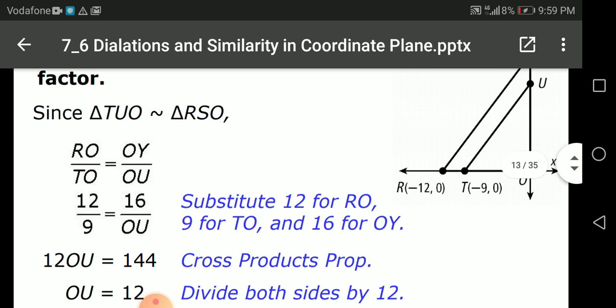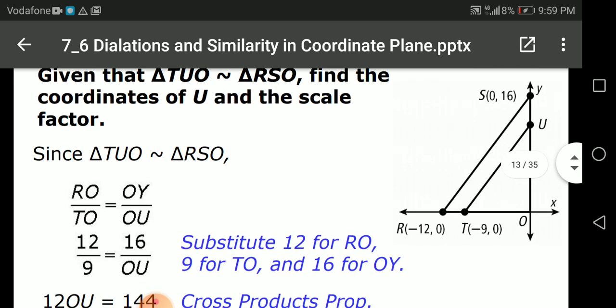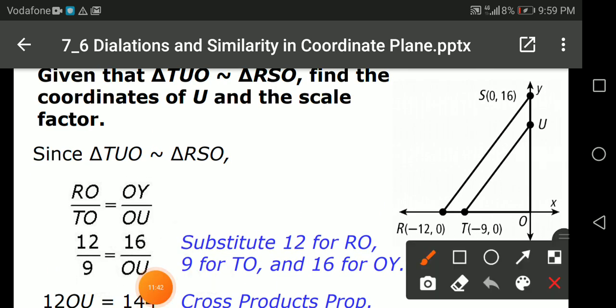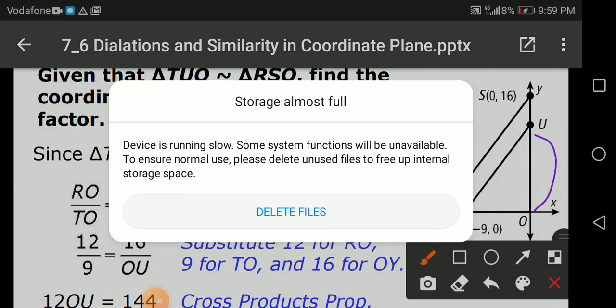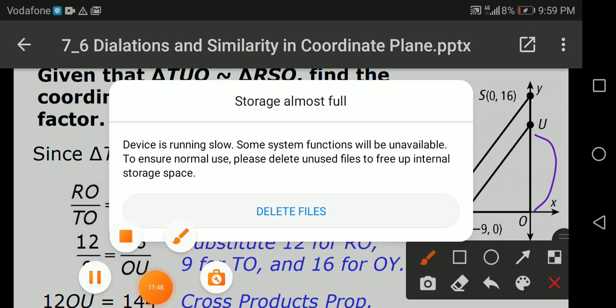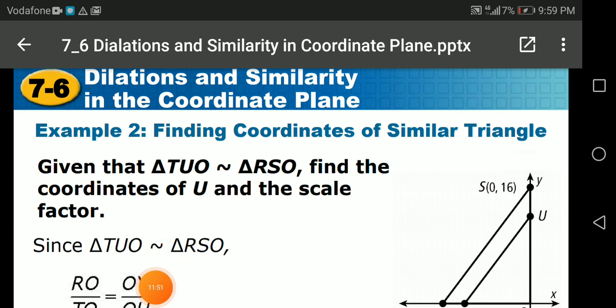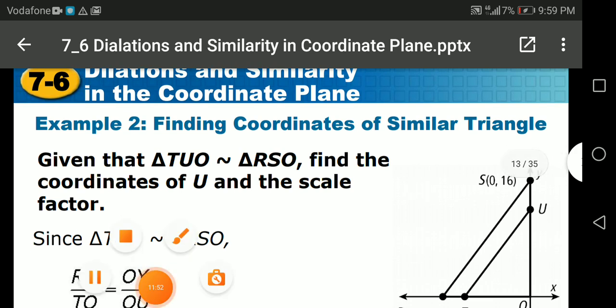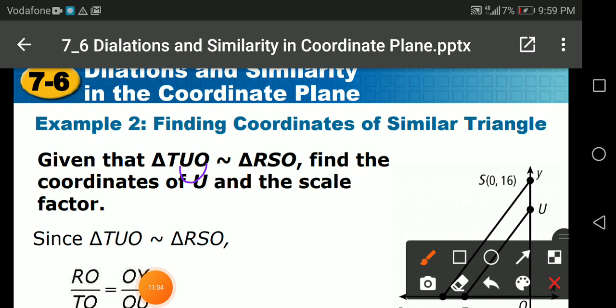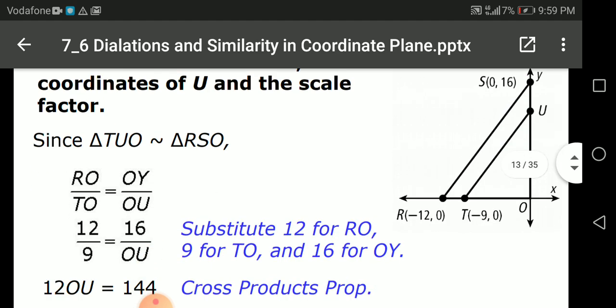Why? Because OS is 0 and 16, and OU is 0 and 12.